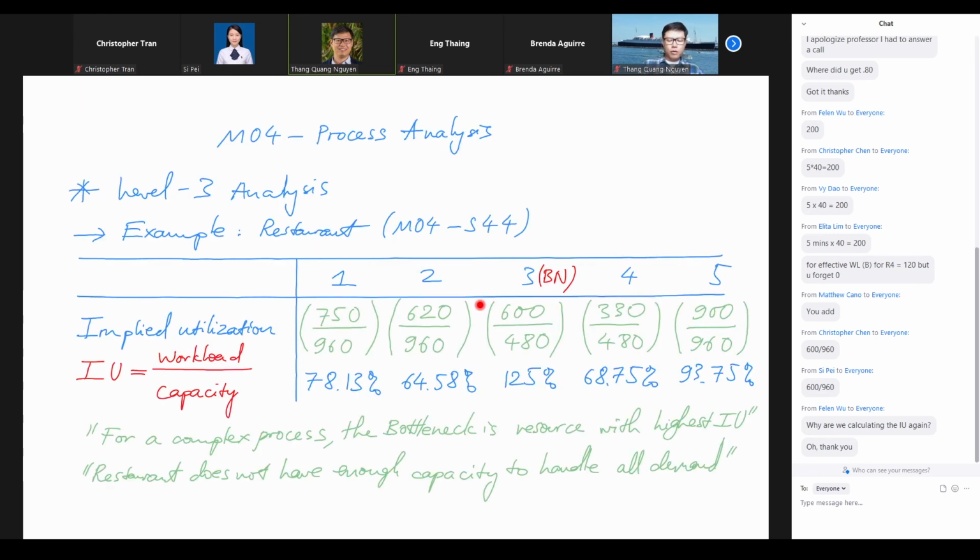At this point, this is the IU, not the U yet, because we are not quite sure if our restaurant has the capacity to handle the demand or not. So earlier we just calculated the IU, not the U, so that we know what is going on.